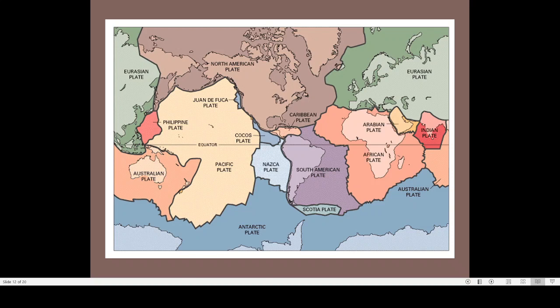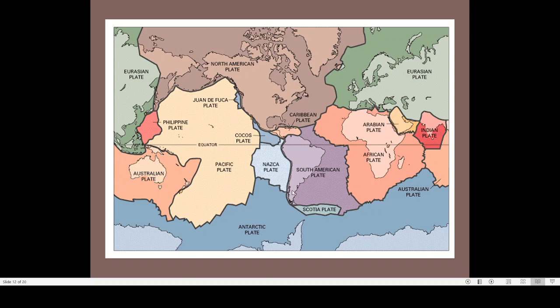So if you have an idea regarding this structure of the earth, especially these outer features, you may very well be able to explain why in certain regions of the world there are more volcanic eruptions and more earthquakes. For example, if you look at this, this is the Australian plate, and this side of South America, you can say this is a border, a junction of two plates, the Nazca plate and the South American plate.